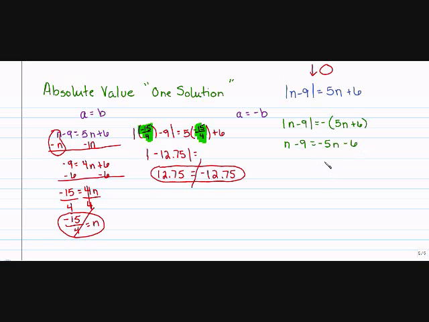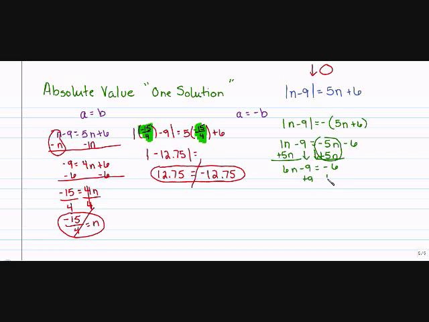Now I can solve. I'm going to add 5n to both sides. 5 plus 1 is a 6n. Bring down my negative 9. Bring down my equal sign. This equals 0. And I have a negative 6.